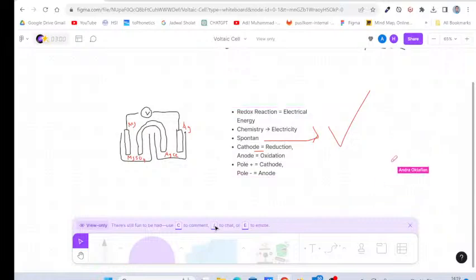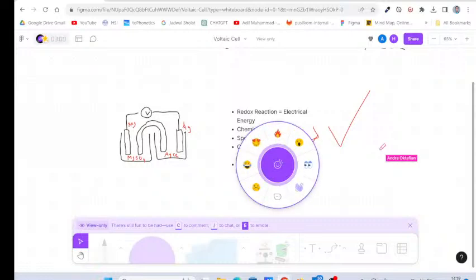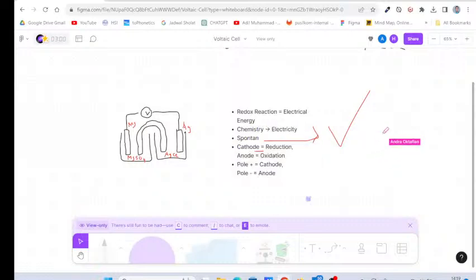I actually use these terms, like karet. When I was in high school, karet means cathode reduksi, to remember this. Yes, cathode reduction, and it works for both voltaic cell and electrolysis.